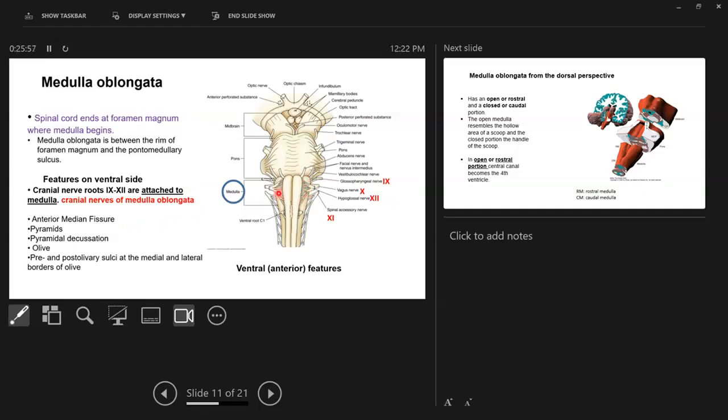kind of ventrolaterally, if you will, leaving the pre-olivary and post-olivary sulci, where nerve rootlets are attached. So the hypoglossal nerve is in fact attached to the pre-olivary sulcus, and the glossopharyngeal and vagus nerve roots are attached to the post-olivary sulcus.